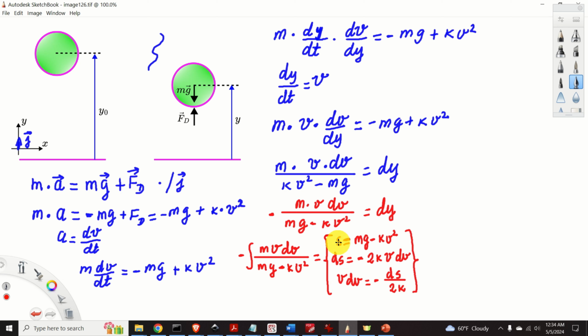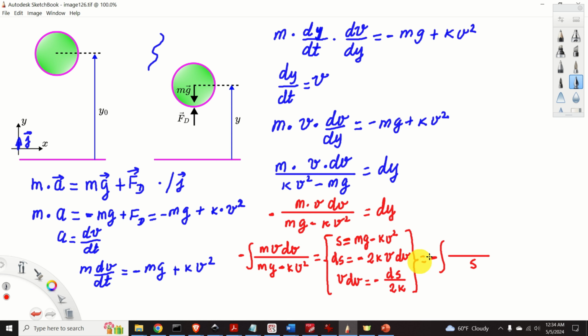Next, we need to substitute s and v dv. Let's do that. We have integral minus, let's see what do we have here. In the denominator, obviously we will have s, probably some other constant, we will see later. What do we have in the numerator? Instead of v dv, we write minus ds over 2k.